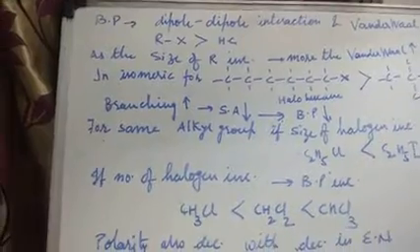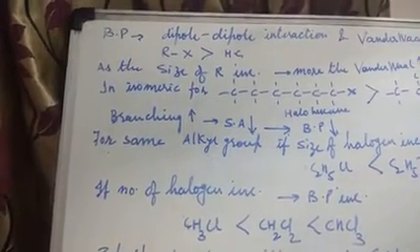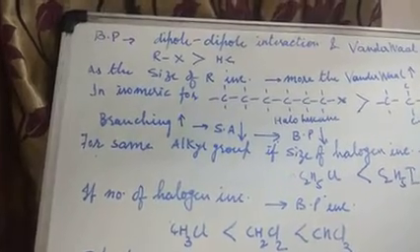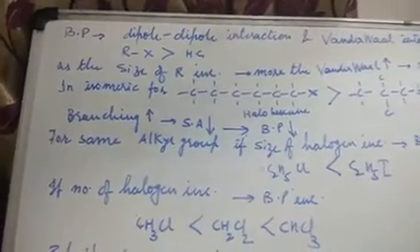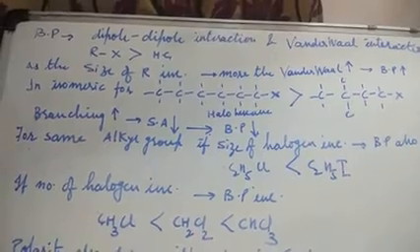So this is the only exception. This alkyl chloride has maximum polarity, and then you are observing that in the case of bromides and iodides, it is decreasing.